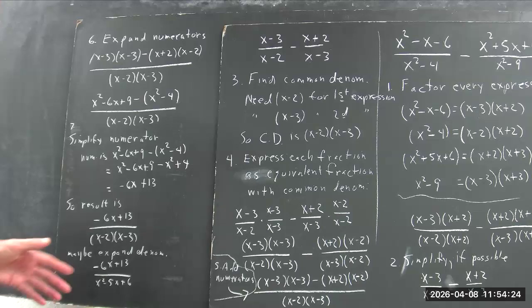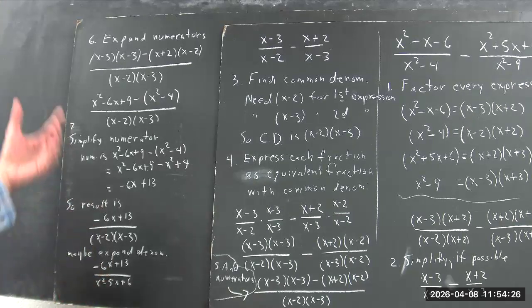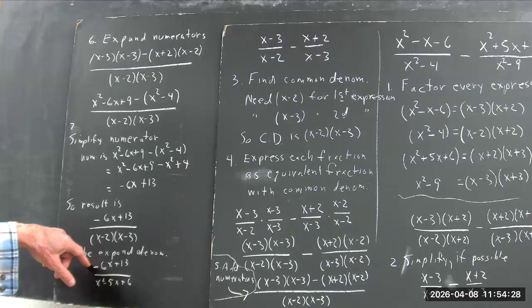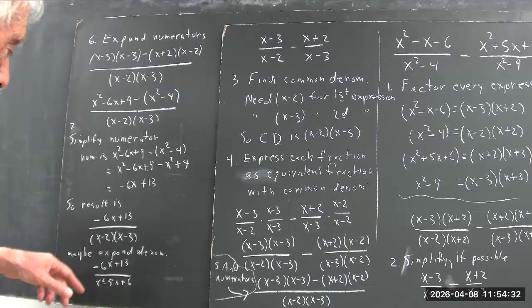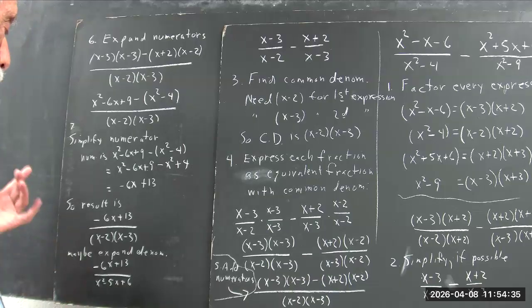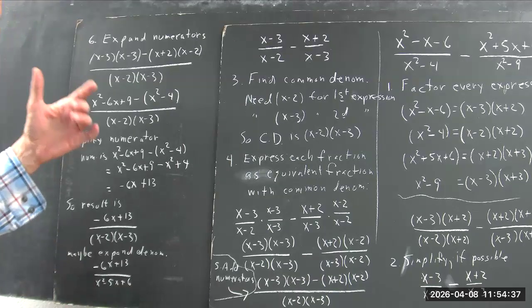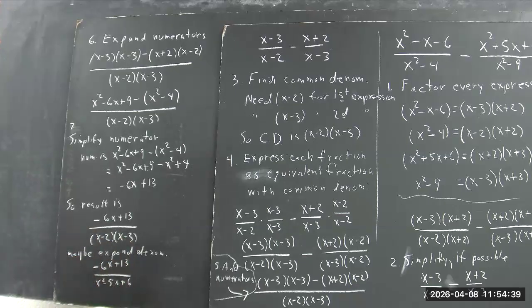Now, to test that, you pick some off-the-wall number for x, like 7. If x is 7, then what fraction do you get? We get negative 42 plus 13, so you get negative 29, and 49 minus 35 plus 6 is 20. You get negative 29 over 20.